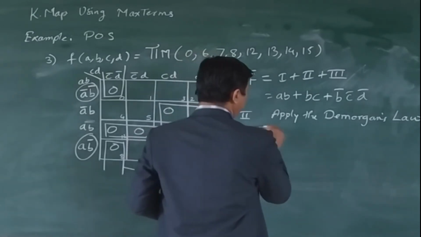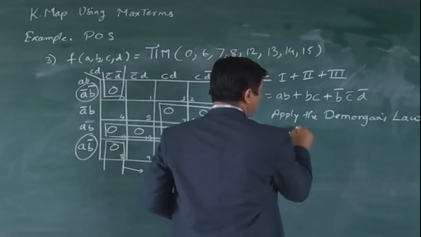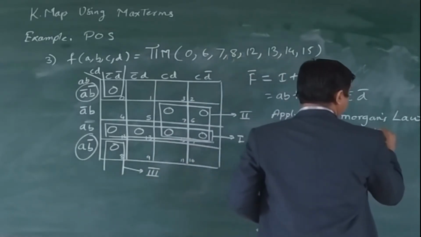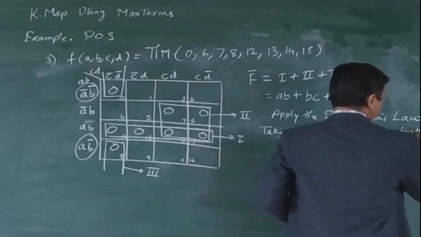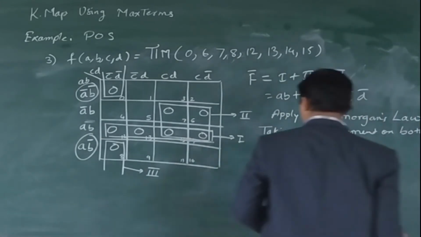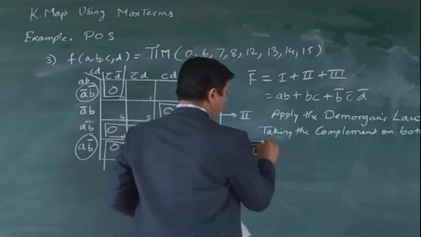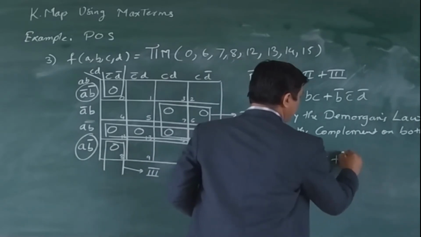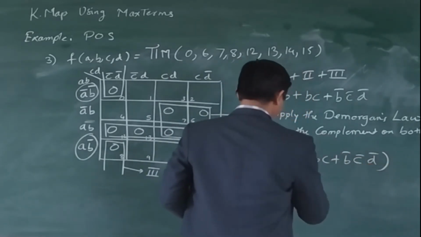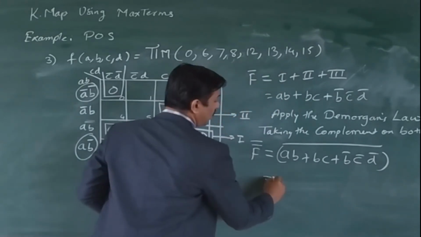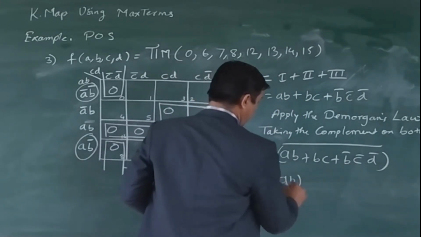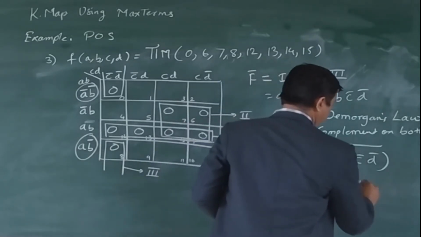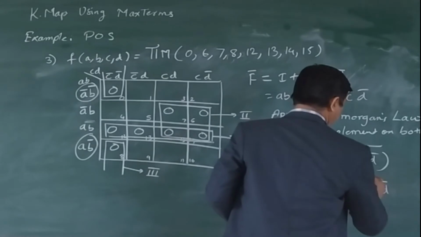So here, taking the complement on both sides, we have f double bar equal to AB plus BC plus B bar C bar D bar, whole bar, equal to AB whole bar into BC whole bar into B bar C bar D bar whole bar.